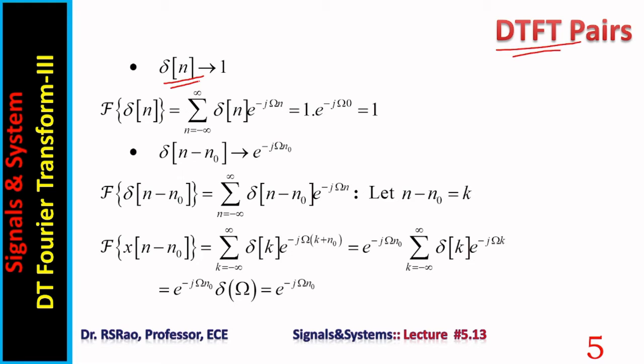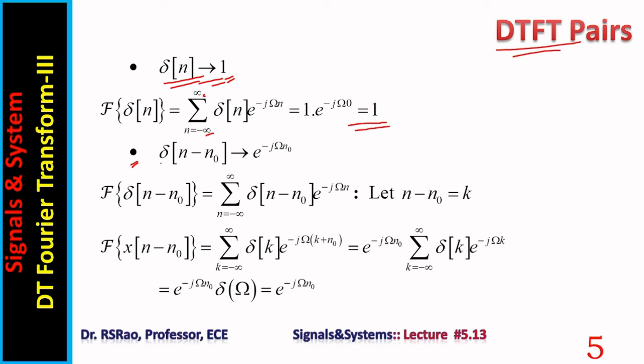It can be seen its DTFT is equal to 1. How to get this result? Apply the definition of DTFT both sides. DTFT of δ(n) is equal to the sum over n from minus infinity to plus infinity of δ(n) e^{-jωn}. It is equal to 1.